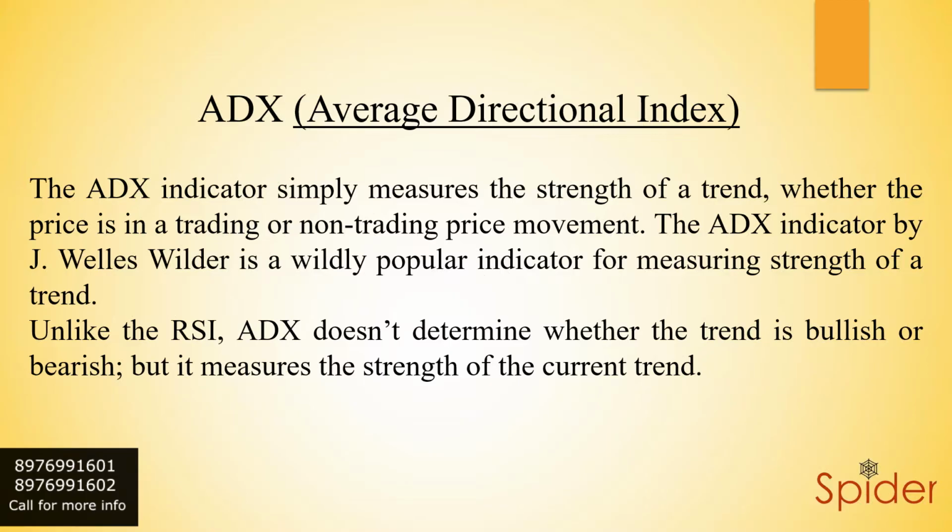What does this mean? For example, RSI tells you the momentum of the stock, correct? But ADX will just inform you about the strength of the trend. We'll discuss that further in detail. At the very first, I'm just informing you what the various things are that will be required by you to determine the momentum.